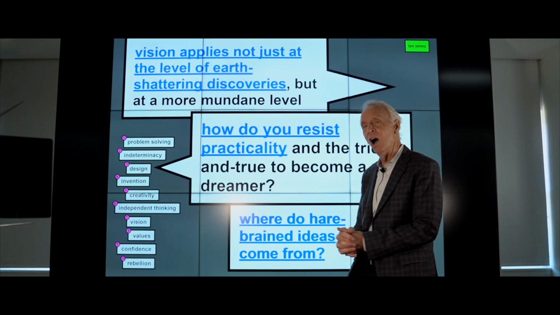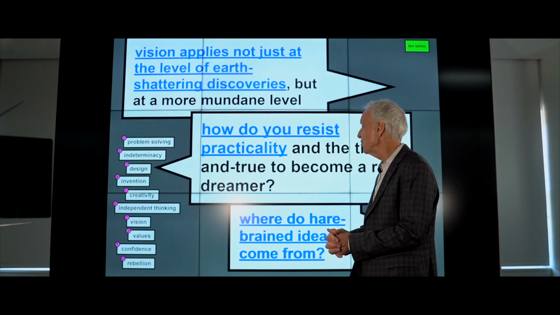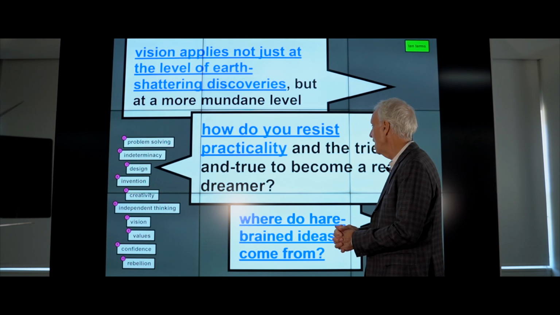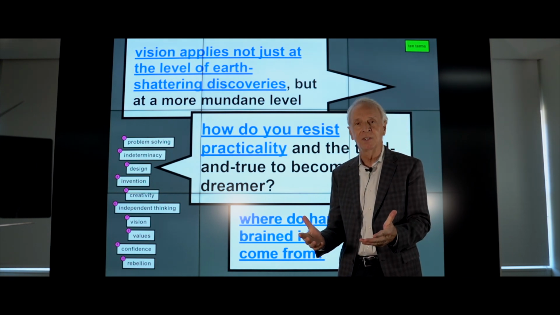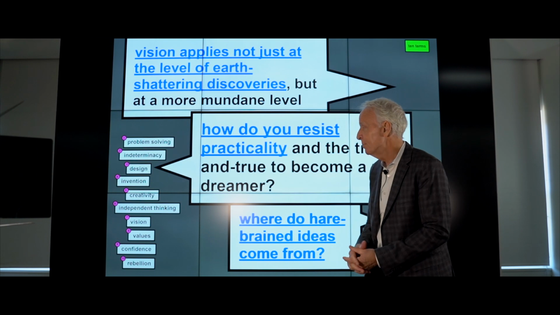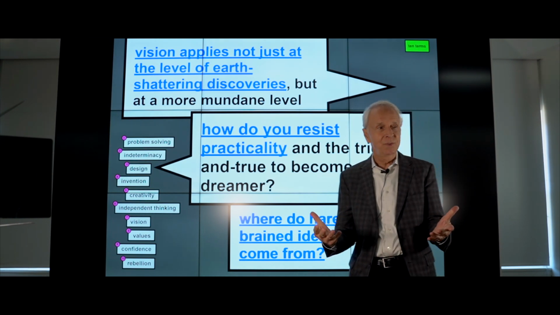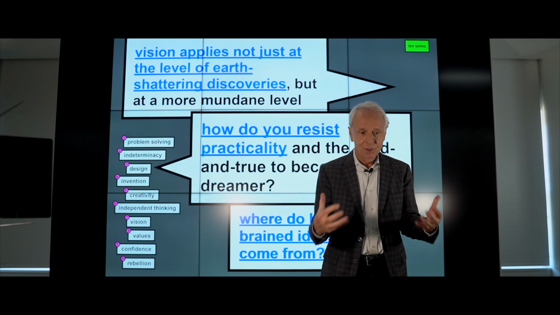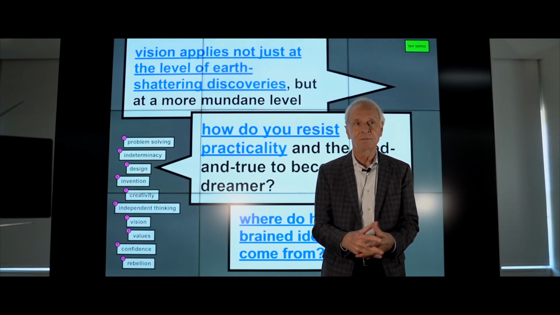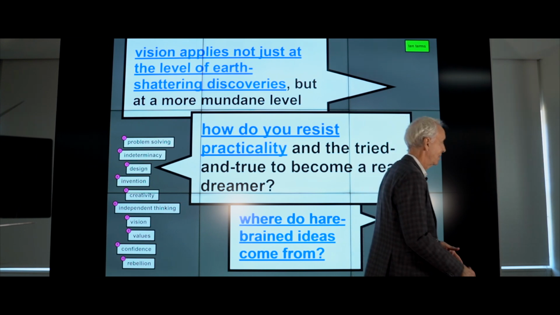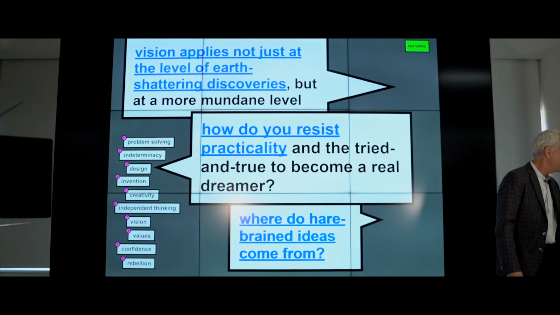And it's hard to resist that notion of, I can't think that because that's not practical. How can you make sure that you're not relying always on the tried and true, that you're able to be a dreamer? And this is a notion of actually having harebrained ideas and trying to provoke them and use them as an asset.